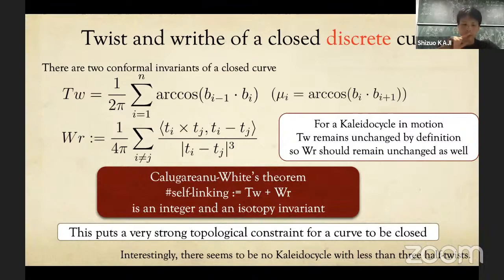But if you specify, for example, just curvature, then you have freedom for torsion. But to make it close is very difficult. To make a curve with a specified curvature which is closed is difficult because of this kind of quantized invariant. This sum of twist and writhe takes values in half integers, so it's quantized.